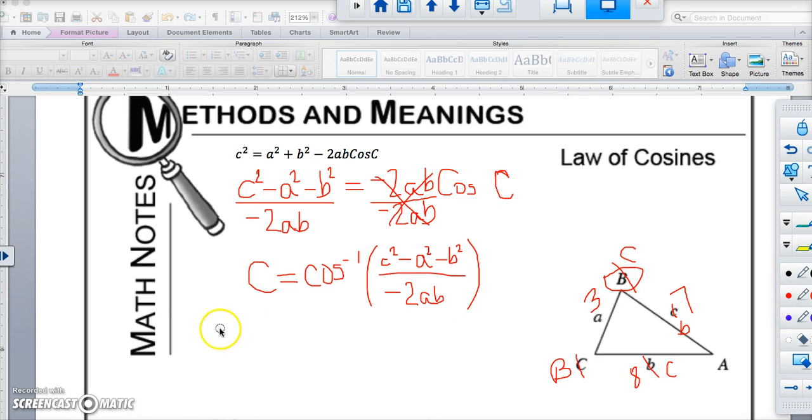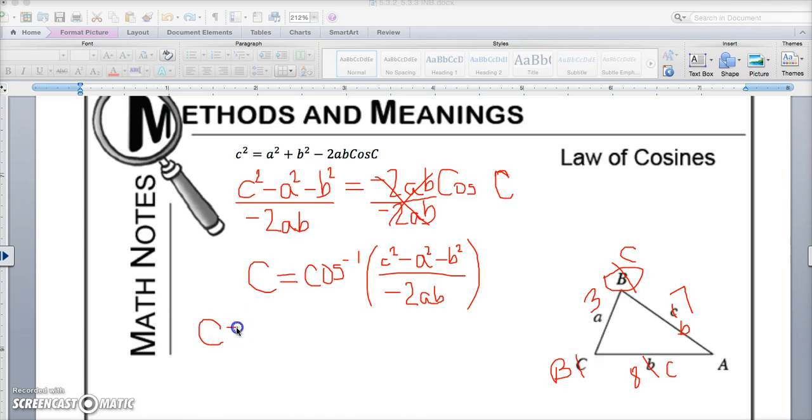So I'm going to say C equals the inverse cosine of C squared, so 8 squared minus 3 squared minus 7 squared divided by negative 2 times 3 times 7.